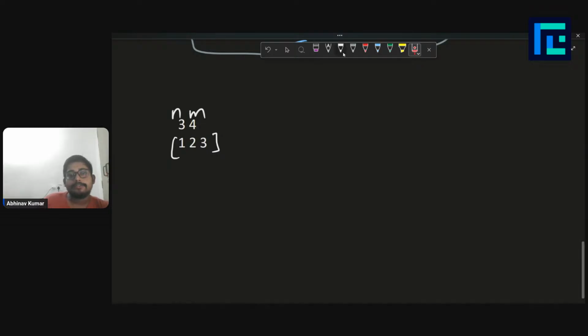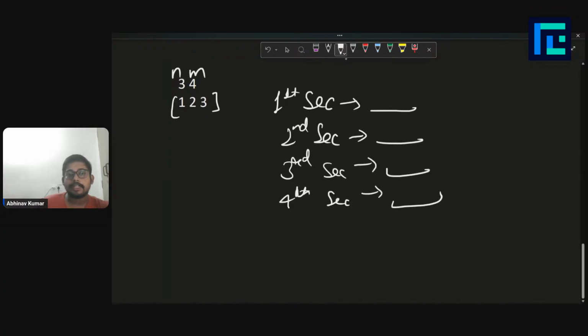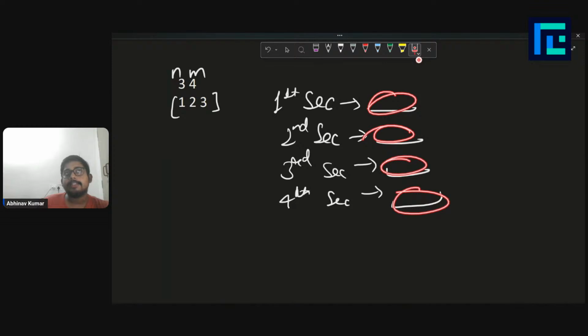At the end of the first second you would collect some cakes, at the end of the second second some cakes, the third some, and at the end of the fourth second some cakes. You would collect cakes only at these 4 points, and at these points you can collect cakes from any one oven only, not more than one oven.